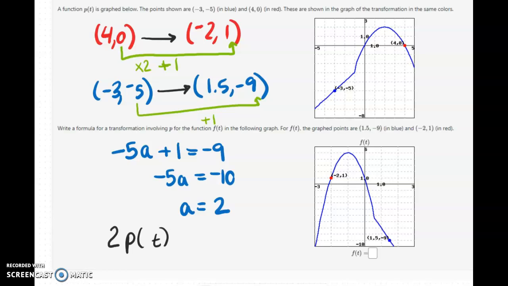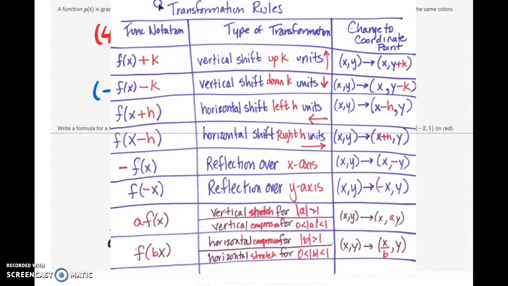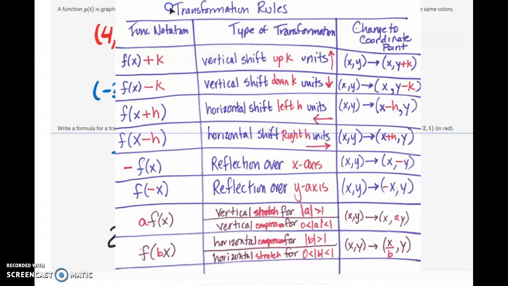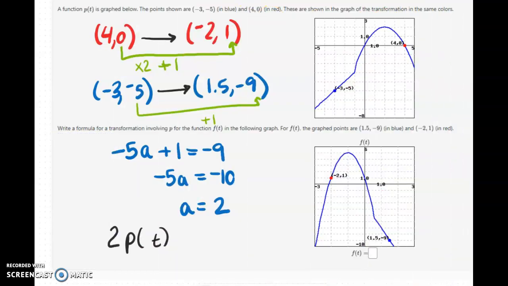I'm looking at a vertical stretch, and that means the 2 goes outside. Vertical stretch, the 2 goes outside. And then I add on the outside 1 for that vertical shift up 1 unit. So far I've got this, and that takes care of my y coordinate.